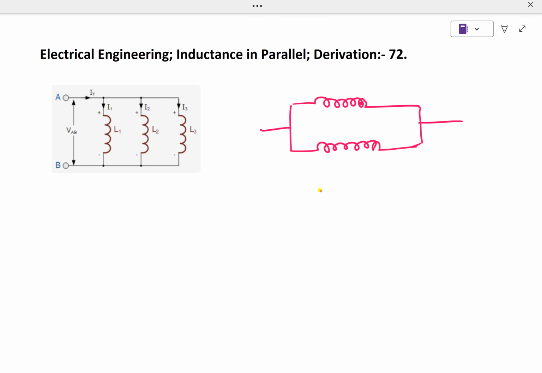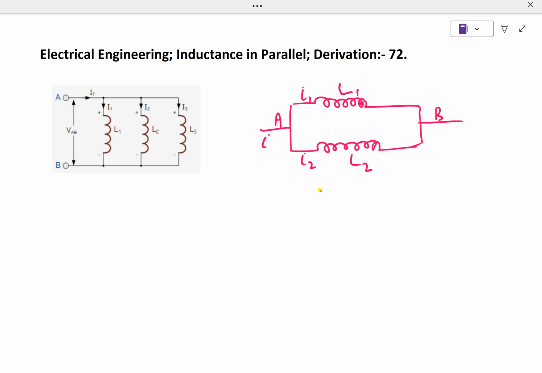Where this side is A, this side is B. The total current I is split into I1 and I2. Inductances L1 and L2 henry are connected in parallel.